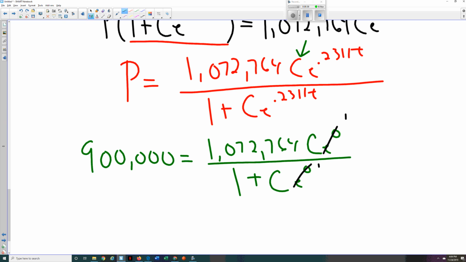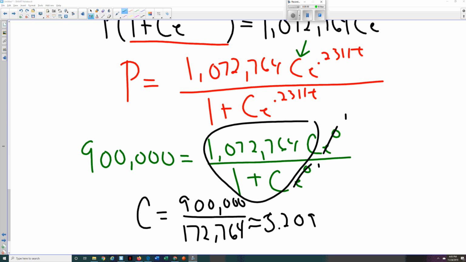And so we have 1,072,764 C divided by 1 plus C equals 900,000. And so it can be shown that C equals this. So there's our value for C, which we can plug back in to these C values here. And so finally we get an answer.